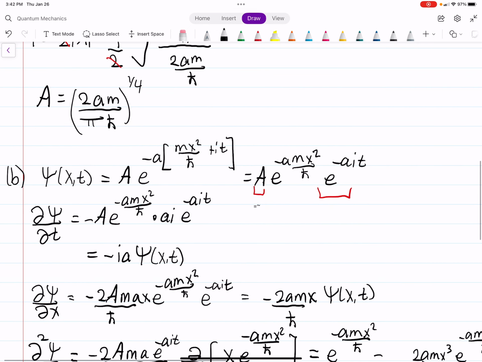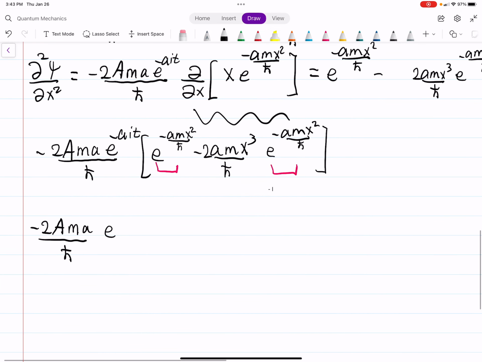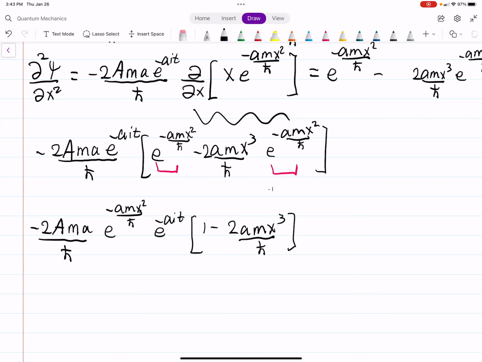What was our wave function? Right there, perfect. Minus a m x squared over h bar e to the minus ait, 1 minus 2a m x cubed over h bar.